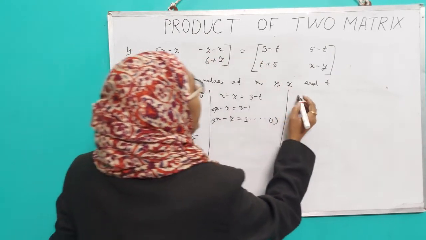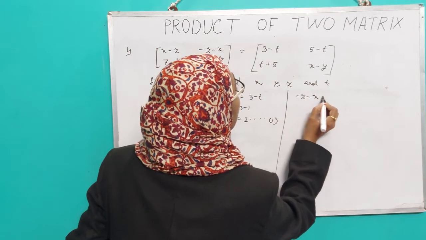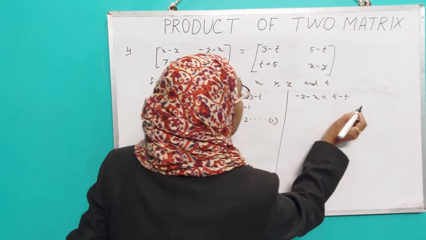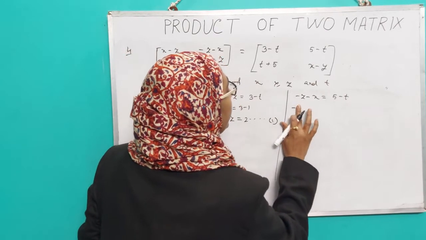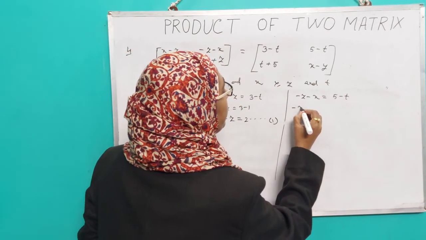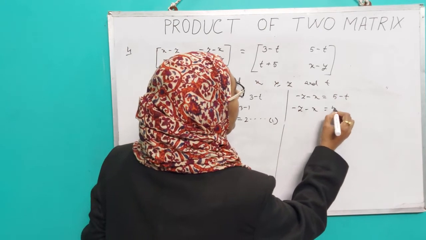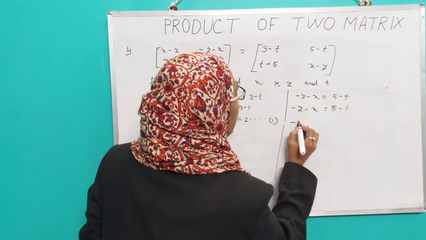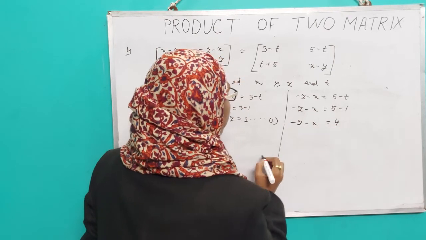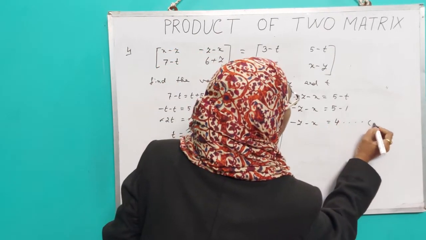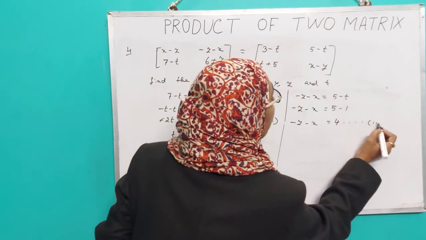And then minus z minus x equal to 5 minus t. Here also put the value of t, that is minus z minus x is equal to 5 minus 1, minus z minus x equal to 4. This is equation number 2.